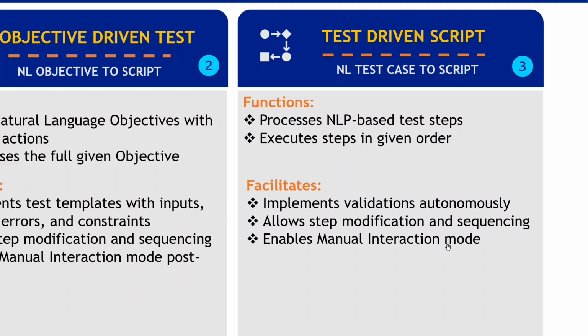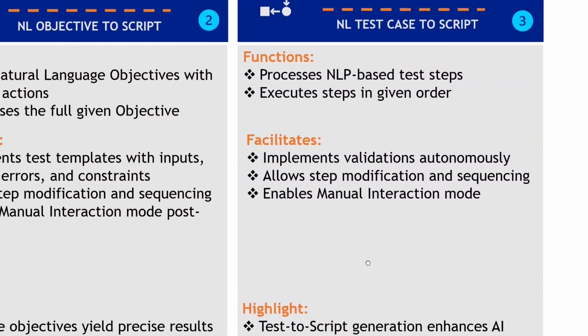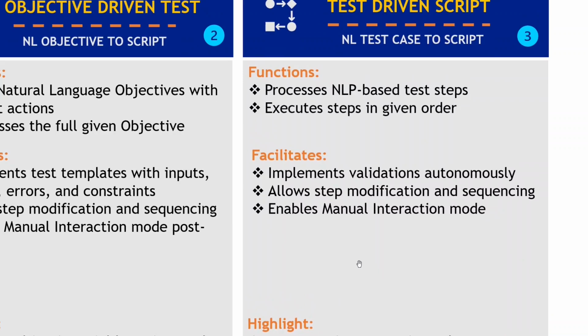That's the mode that I see based on my exploration and analysis. Like other modes, it always implements validations, step modifications, and even manual interaction. So you can do it.